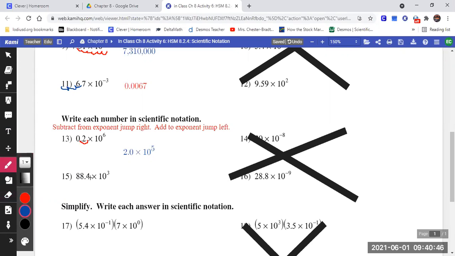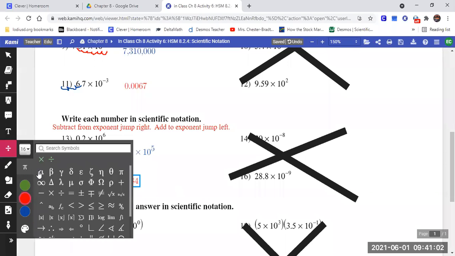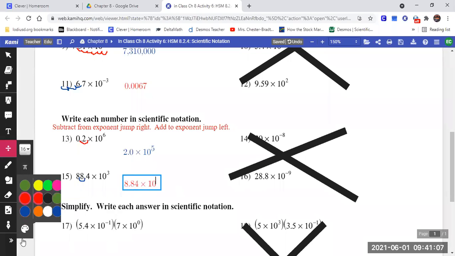If we jump our decimal to the left, what are we going to do to the exponent? We're going to add to it. So we have 8.84, that was the one jump, times 10 to the... How many jumps did I take? One. So I'm going to add 1 to the exponent, 4.